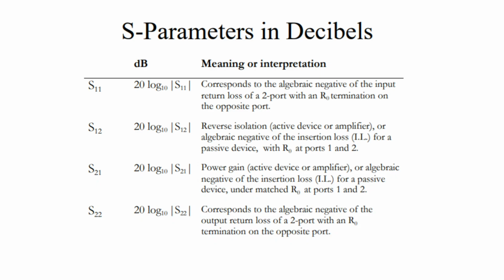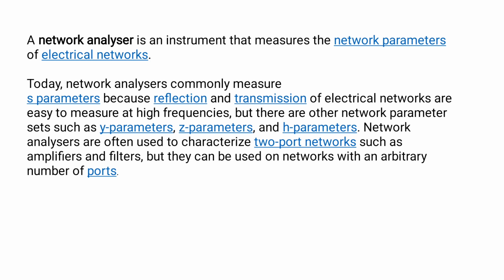And S21 value is equal to 20 log base 10 modulus of S21. So the power gain or algebraic negative of the insertion loss for a passive device under matched R0 at ports 1 and 2. And finally S22 is 20 log base 10 modulus of S22, corresponding to the algebraic negative of the output return loss of a two-port with an R0 termination on the opposite port.